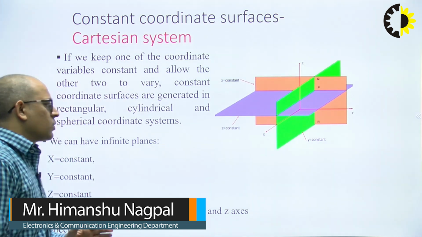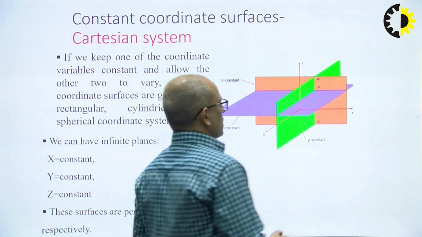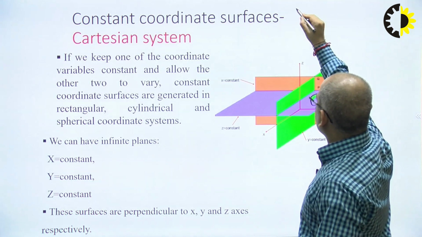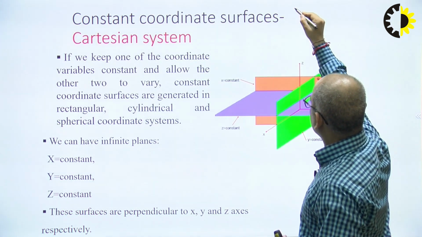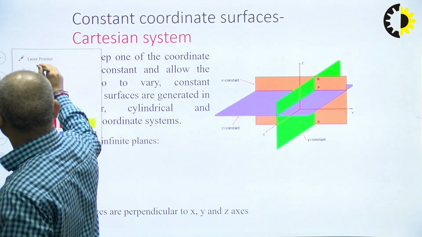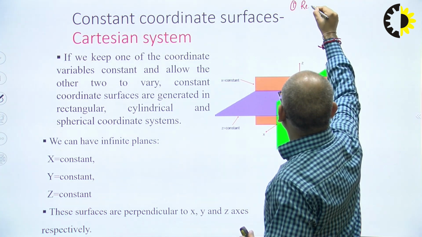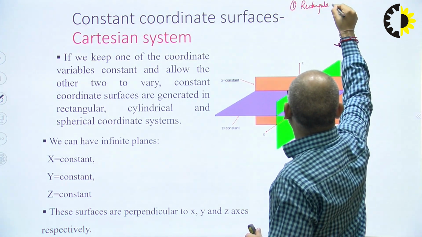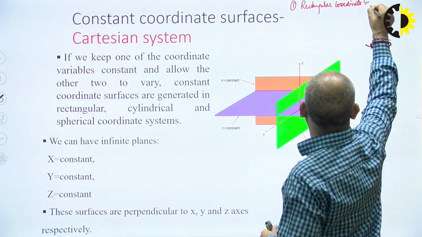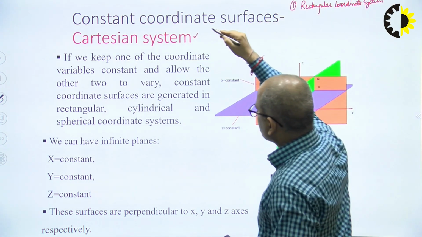First, before starting with the vector calculus, we'll discuss the coordinate systems. We know that there are three types of coordinate systems. First one is the rectangular coordinate system, also known as the Cartesian coordinate system.